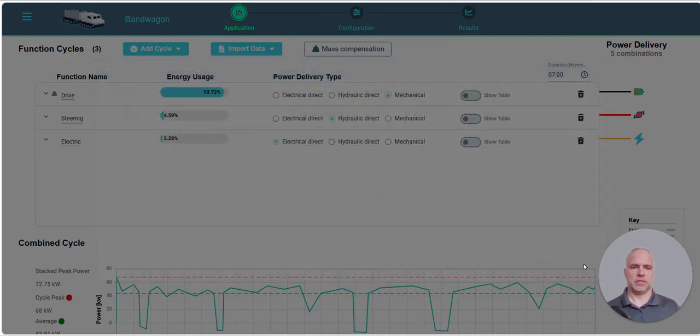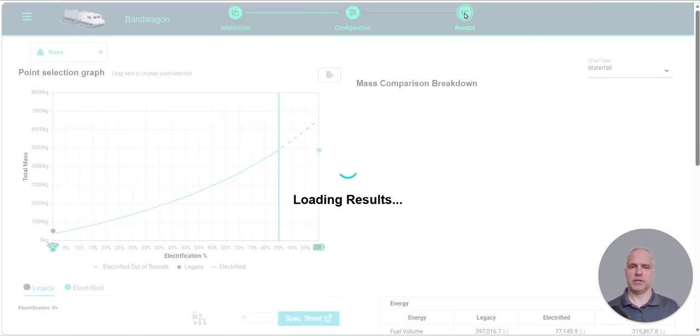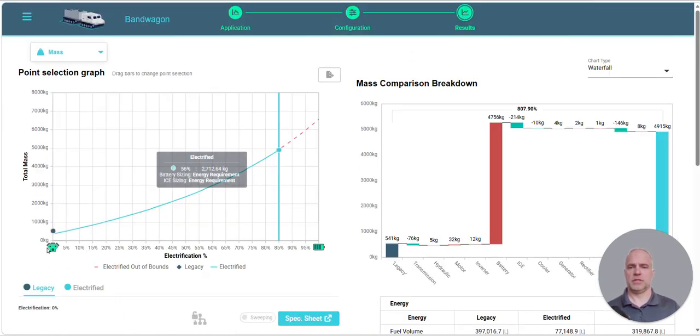So if we apply that mass compensation and return to the mass results, you can actually see the more batteries you put on, the more batteries you need to put on to compensate for the increased mass. So now it's over 5,000 kilograms.